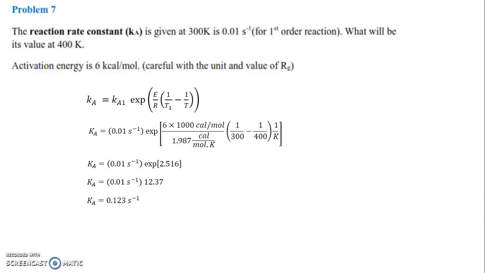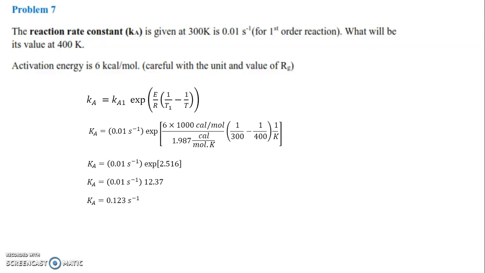Very nice number, 123. We know that with an increase of temperature the reaction rate constant will increase. At 300 Kelvin it is 0.01, and at 400 Kelvin it is 0.123. It increases, so our calculation is probably correct.